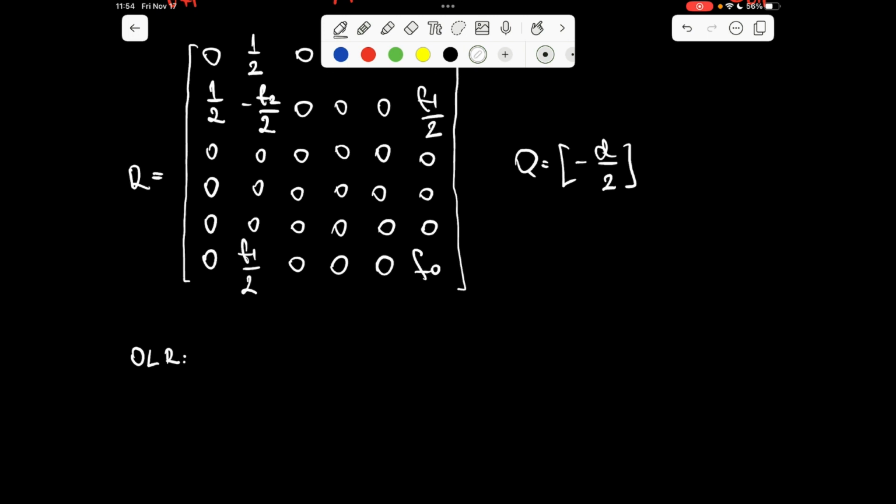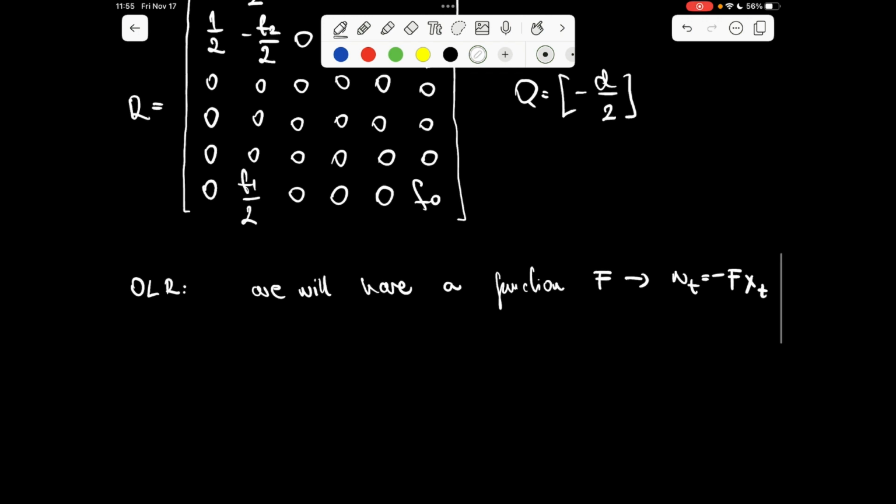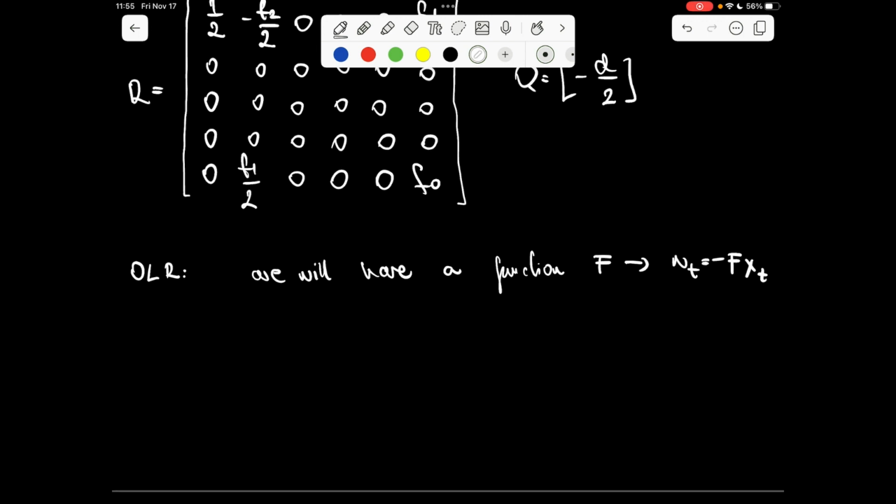From the optimal linear regulator, we will have a function F that describes the optimal response of the social planner to the state, and it implies a first order difference equation in terms of the state vector.